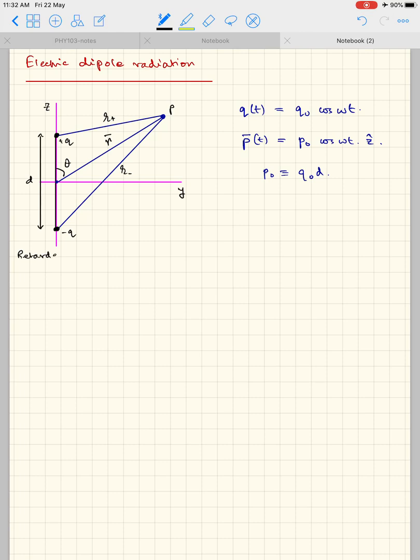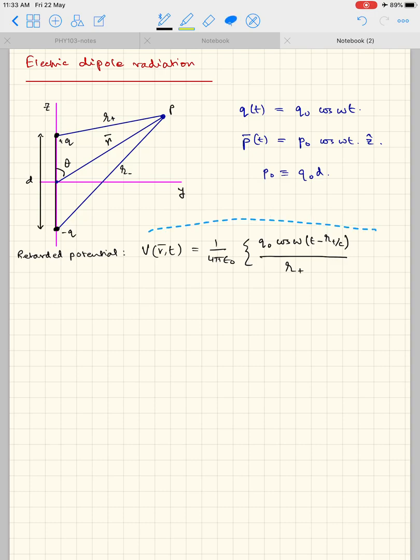Retarded potential, that is given by V of r, t equals 1 over 4 pi epsilon naught times two terms, q naught cos omega (t minus r plus over c) divided by r plus, and I'm not going to be able to fit this in, so let me transport this to the next line.